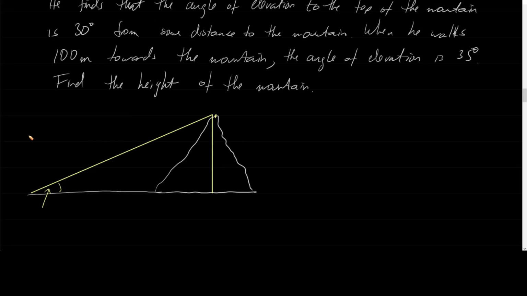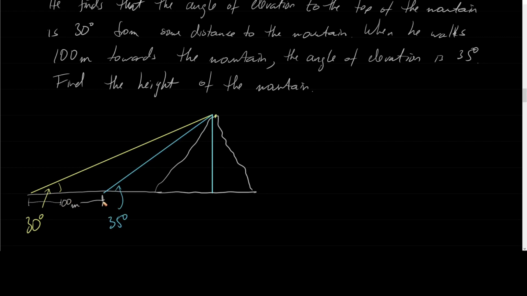Right, so this one right here is 30 degrees. What else do we know? We know that this person walked closer. And when they walked closer, they found that the angle of elevation to there, let's make that a straight line. The angle of elevation to that same spot, this angle, was 35 degrees. And that was after walking 100 meters.